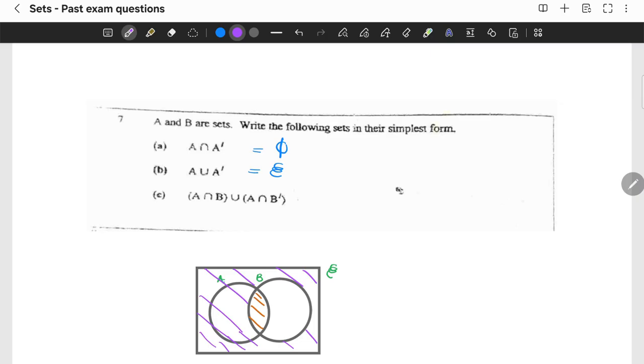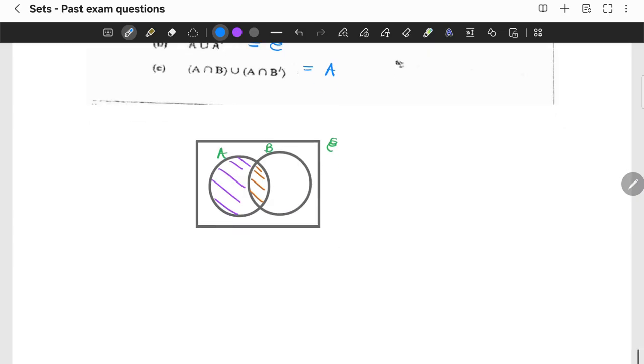So the union between A intersection B and A intersection B complement, if that's B complement, the intersection between A and B complement will just be A. So in simple terms, this would just be A. So that's how you write it.